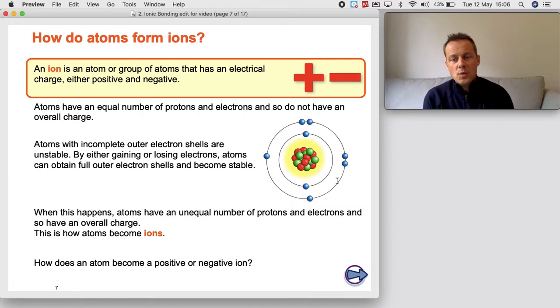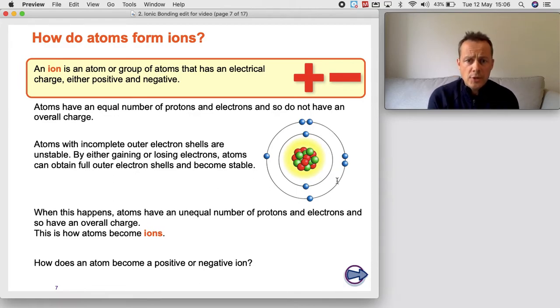Now, this is a really, really key point. It's normally a 2-mark exam style question. And it will ask you what an ion is. Now, an ion is an atom or group of atoms that has lost or gained electrons to become charged. Now, we need to look at why it would lose or why it would gain electrons.